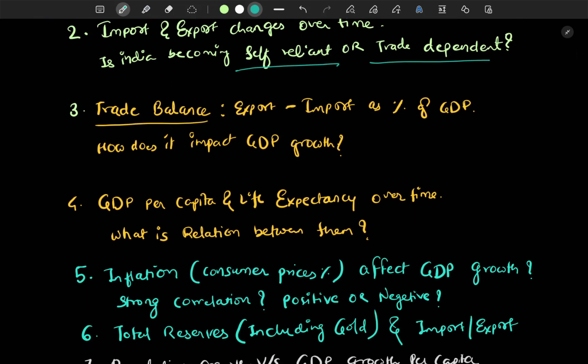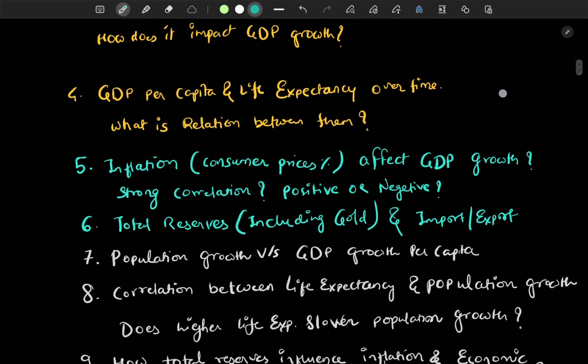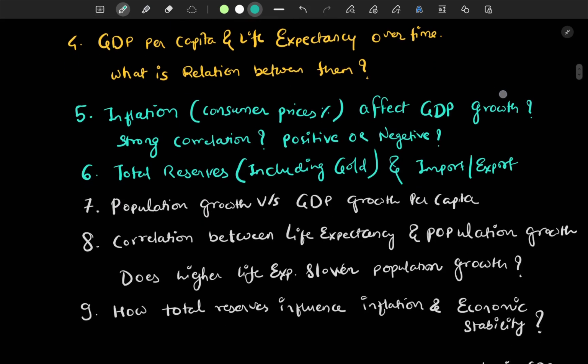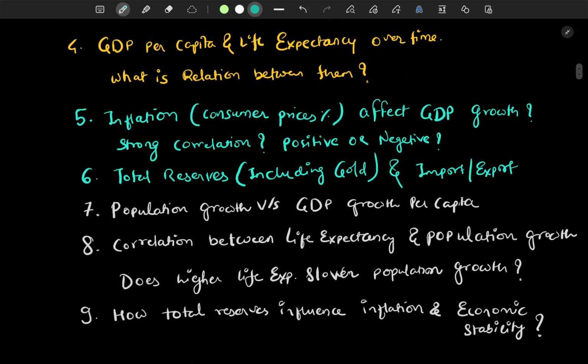Does export dominate or does import dominate? And what is the GDP per capita and life expectancy and their interrelationships? If the GDP per capita increases and life expectancy increases, that means a really good thing. Then inflation and GDP growth. Inflation is basically the year-per-year price increase for specific goods and services.